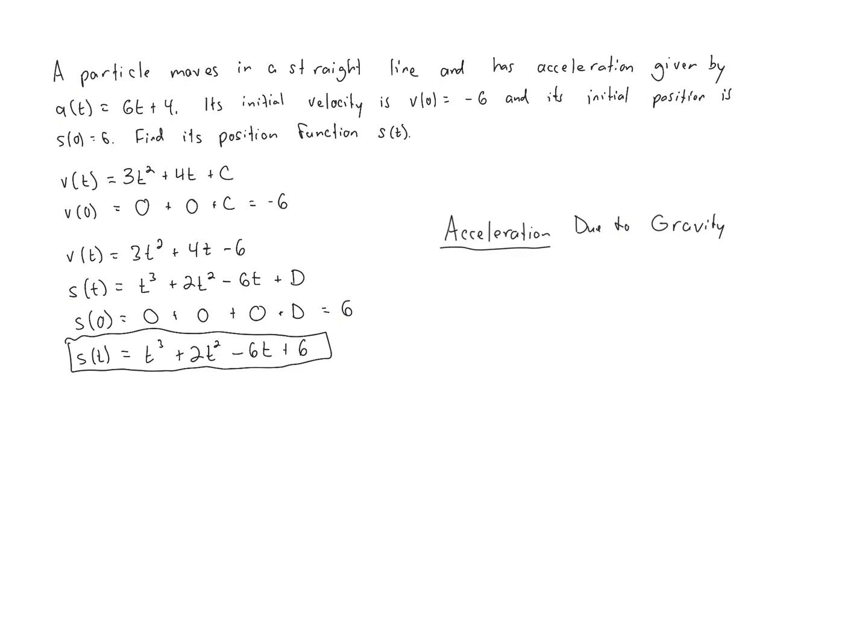One really great example of these sorts of problems where we start with the acceleration and work backwards to find the velocity and position functions deals with projectile motion. That is the sort of motion that an object would have if you threw it up in the air and let it go, and the only force acting on it ends up being gravity.